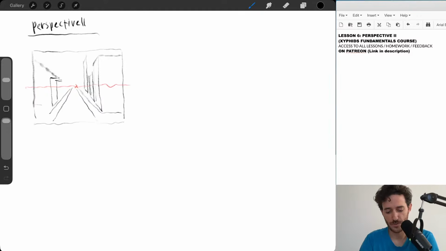Right? Because in real life scenarios, for the most part, all objects in the scene, I'm not hungover, all objects in the scene are not facing us. So there's going to be objects facing multiple directions. And in order to rotate and have objects going in all kinds of directions in our scene, we need more than one vanishing point.